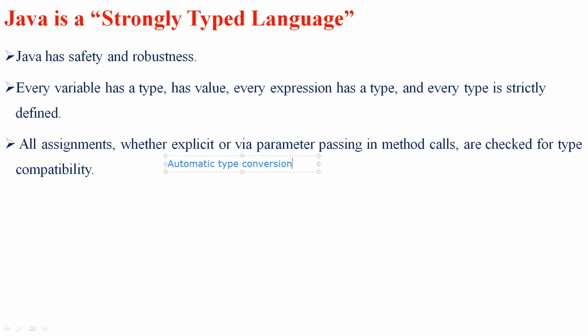So if an assignment operation has some issue, and two types may not be compatible with each other, then Java performs the conversion operation. So we know Java has automatic type conversion.